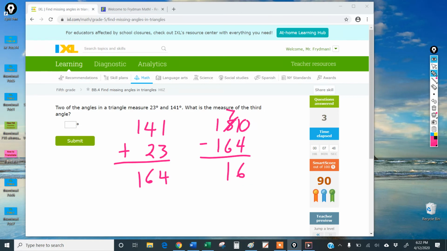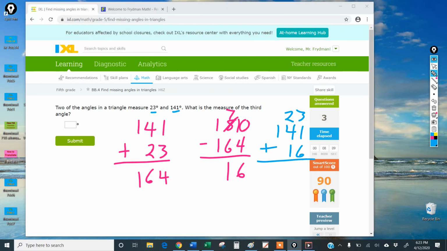And just to check our answer, if we do 23 plus 141, if I was subtracting, I would have to put the bigger number on top. But if we're adding, we don't have to. Plus 16.